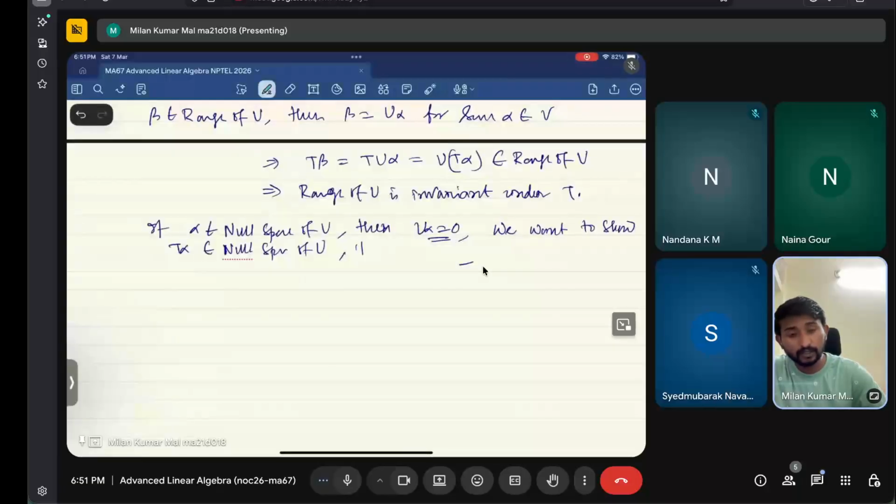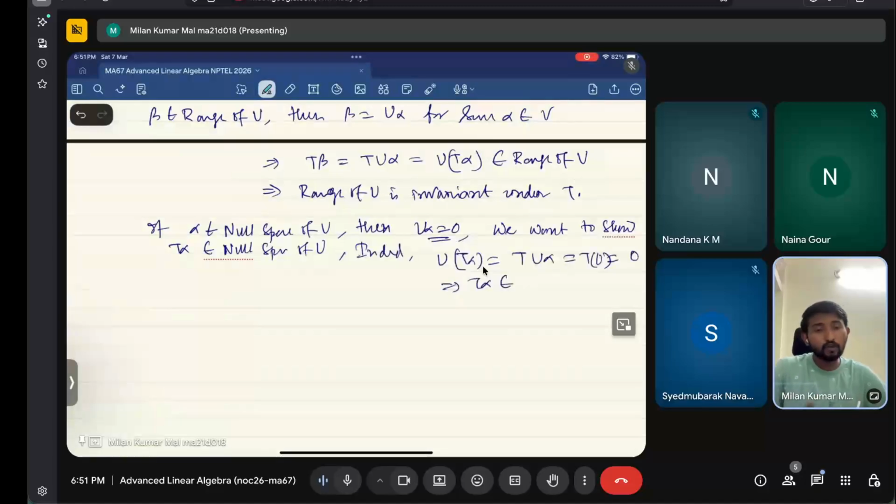So T alpha is in the null space of U. What I just proved is that if two operators T and U commute, then the range and null space of one operator are invariant with respect to the other operator. A linear operator commutes with itself, so for any linear operator T, its range and null space are invariant under that operator.